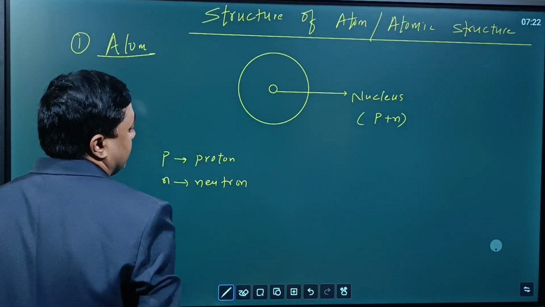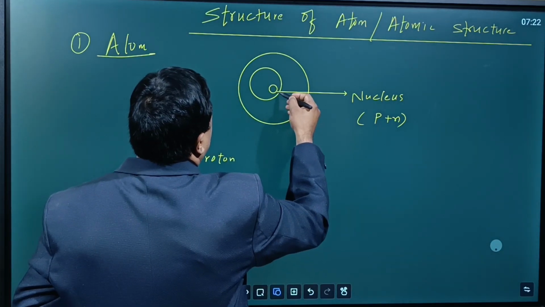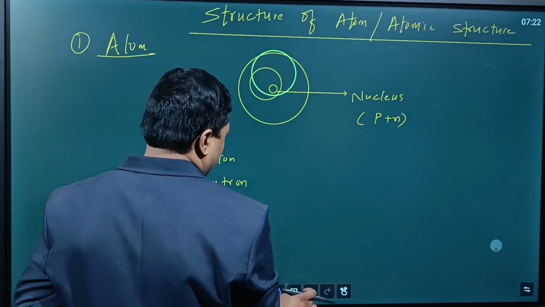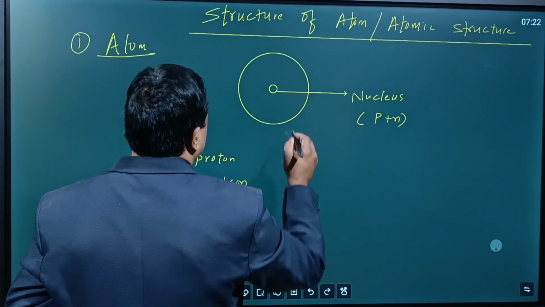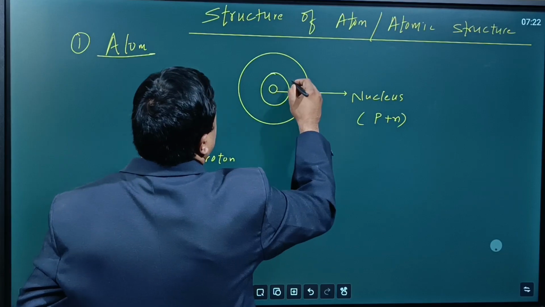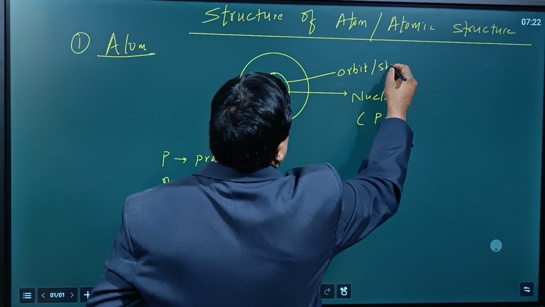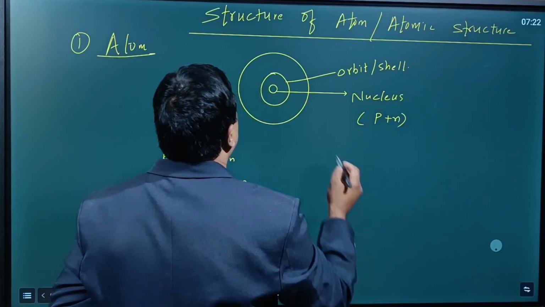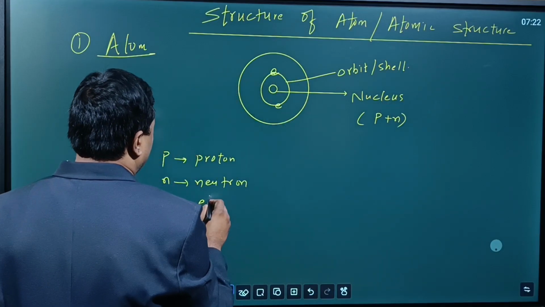Is it clear? See what happens, electrons are revolving in circular path around the nucleus. Here around the nucleus we have a circular path. This path is called as what? Orbit, or also called as shell. Inside the shell electrons revolve. E stands for electrons.